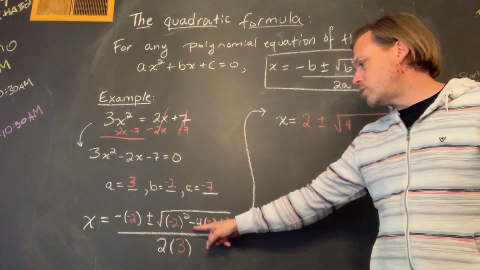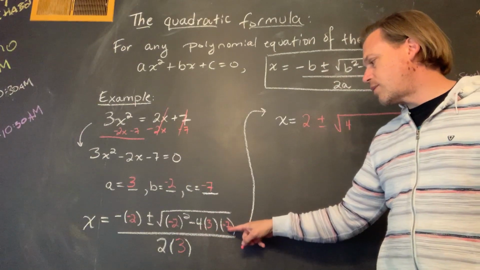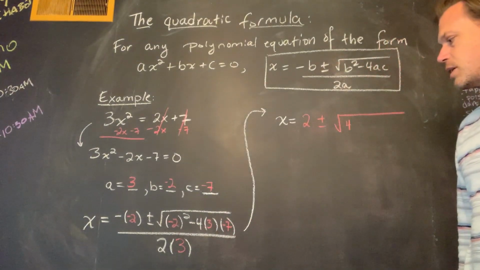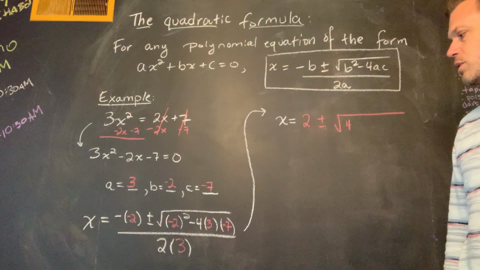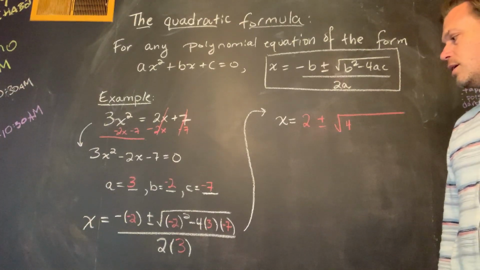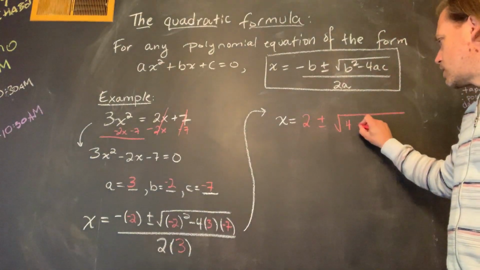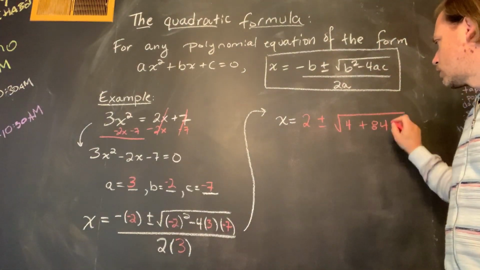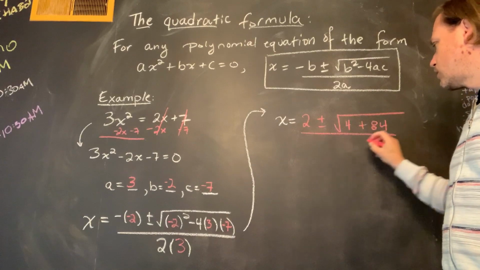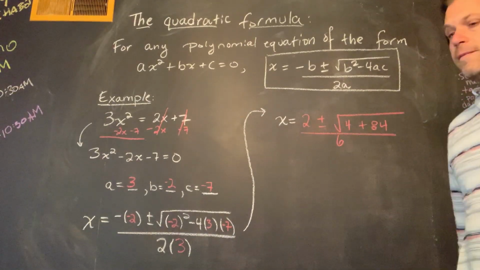And then if I do negative 4 times 3 times negative 7, all of that comes out to be, well, 4 times 3 is 12, 7 times 12 is 84, and it's a negative and another negative, so the whole thing is positive 84. All divided by 6.